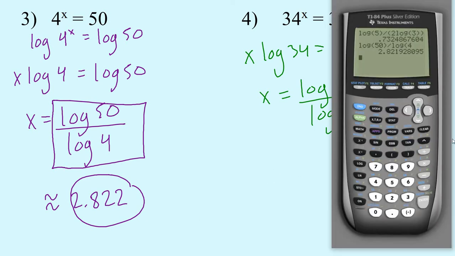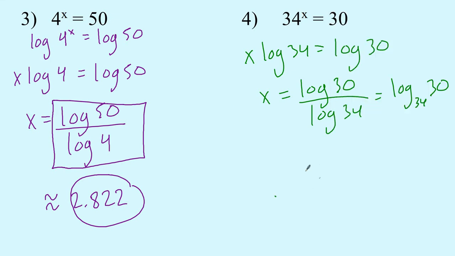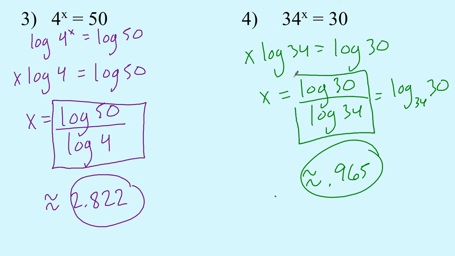So we do this one: log 30 divided by, gotta put my parentheses, divided by log 34. So we get 0.965. So we've got calculator ready form, decimal form.